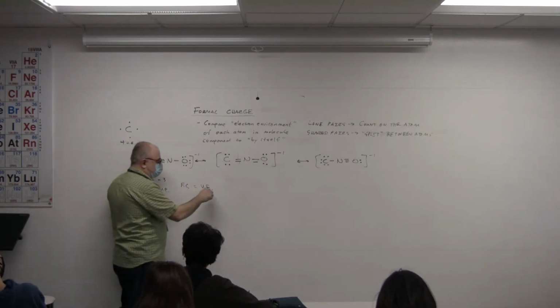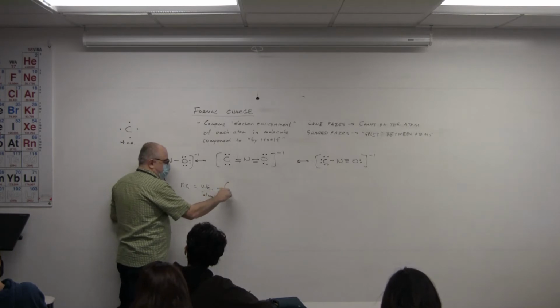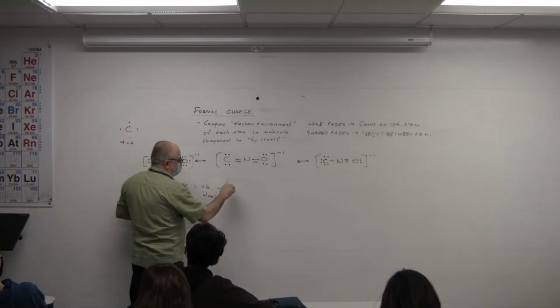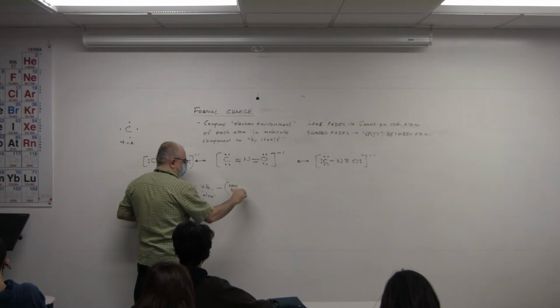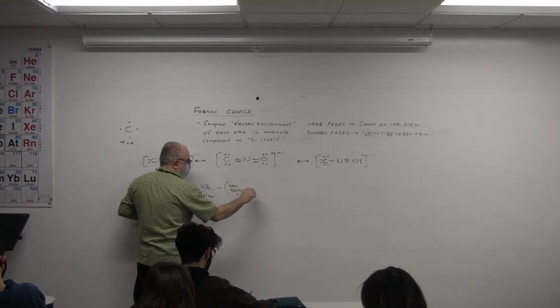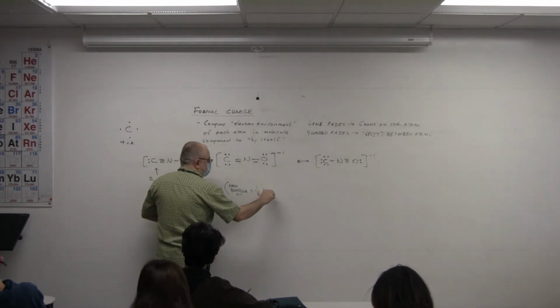I can take the valence electrons when the atom is by itself and subtract the non-bonding electrons, the lone pairs, and half of the bonding electrons.